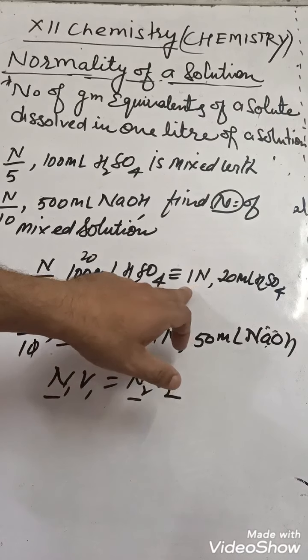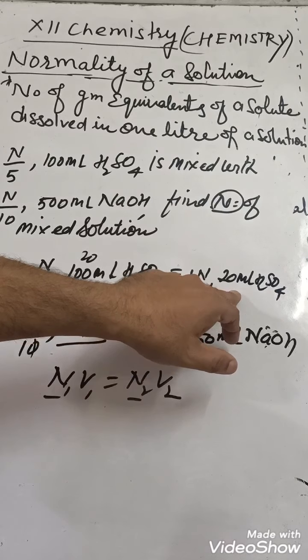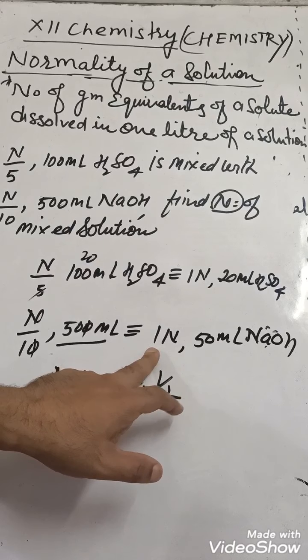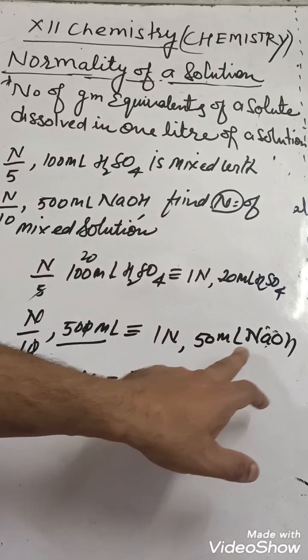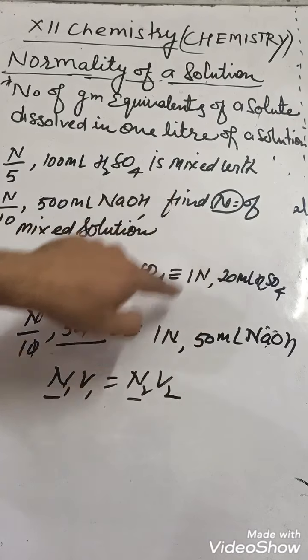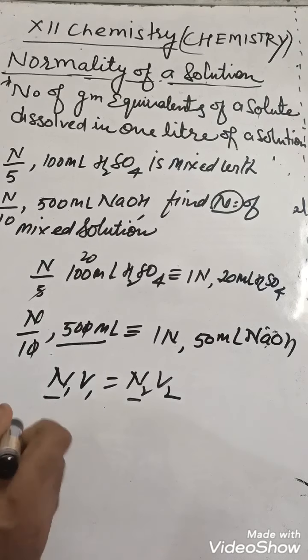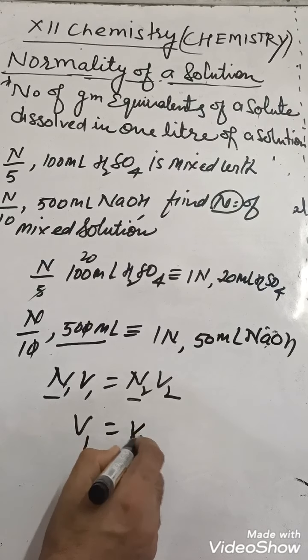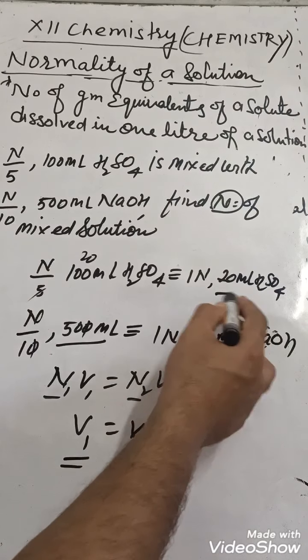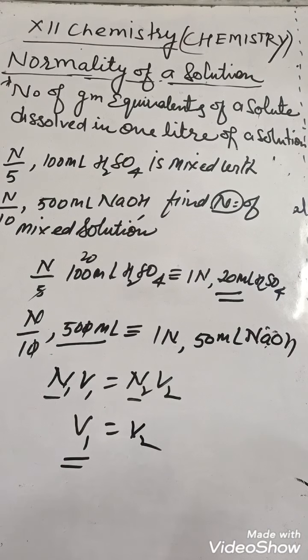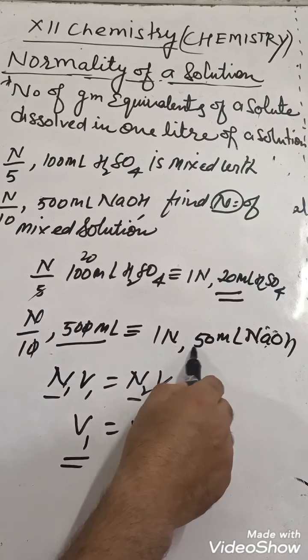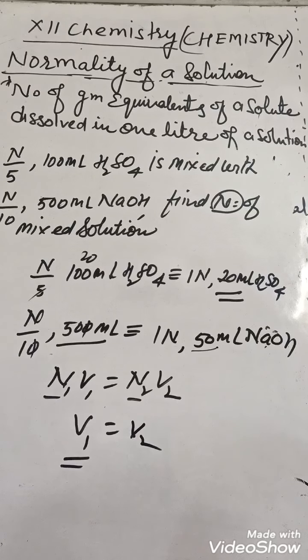So look here, one normal solution of H2SO4 is mixed with one normal solution of 50 ml NaOH. Normality of both is equal, that means V1 is equal to V2. So 20 ml of sulfuric acid is required to neutralize 20 ml of NaOH.